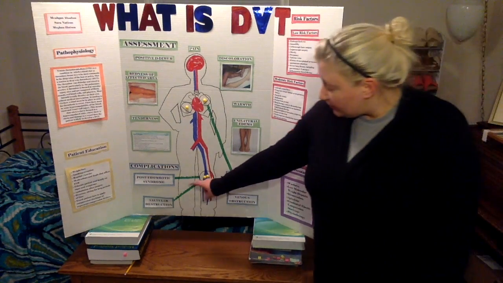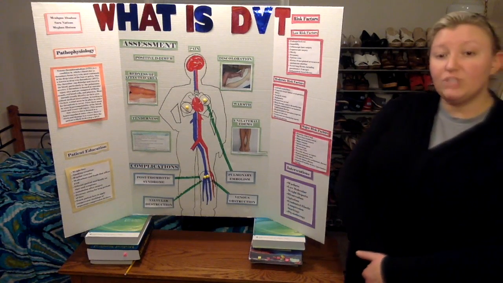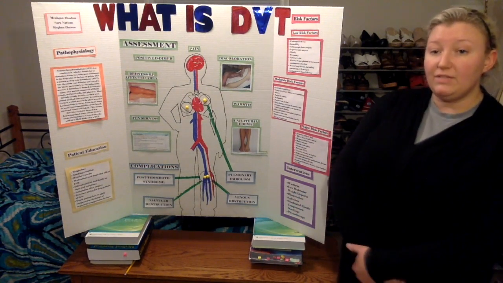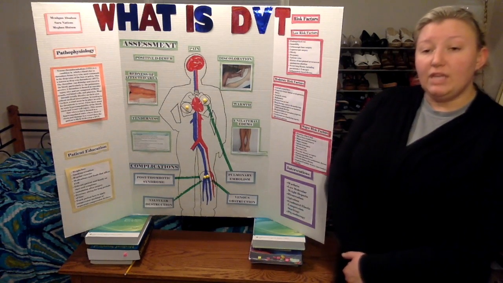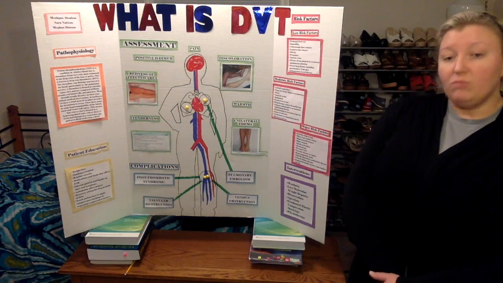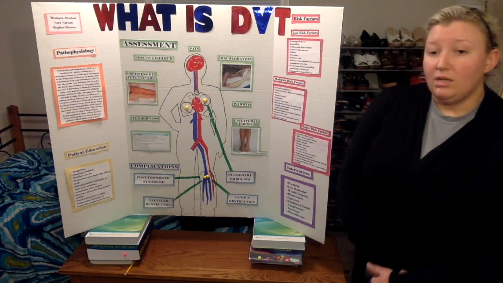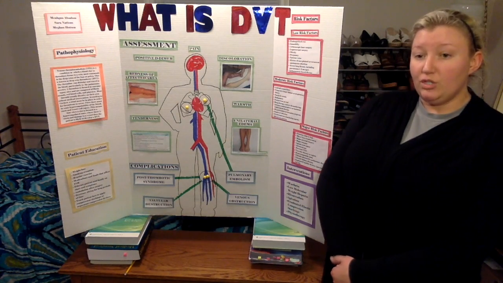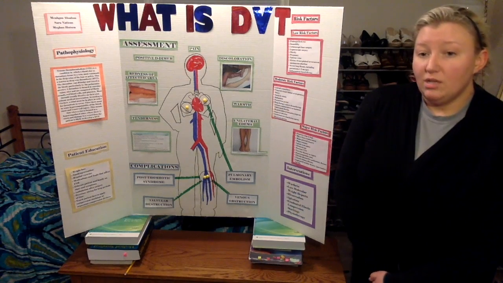Then we'll move to complications. Once formed, the main consequences of DVT are twofold. It either remains fixed in the lumen of the leg vein, where it has the ability to cause post-thrombotic syndrome, which would be characteristic with chronic leg pain, swelling, and ulcers, valvular destruction, which could impede venous flow, or venous obstruction.